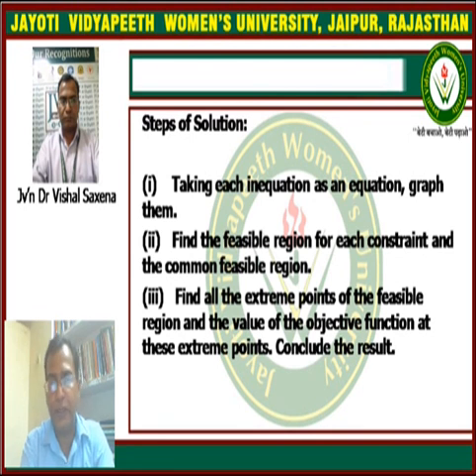The third point is to find the extreme points of the feasible region and the value of the objective function at these extreme points, and then we conclude the result.